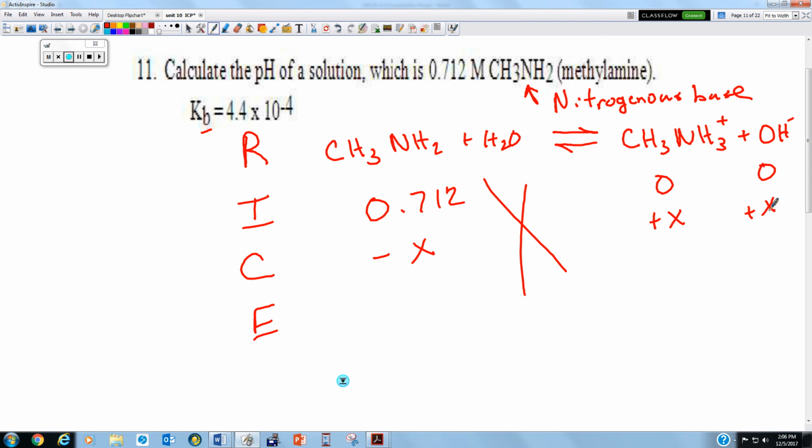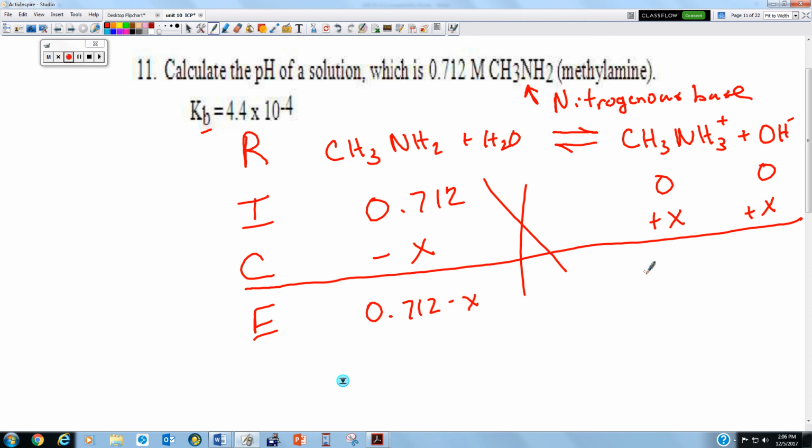And this is going to go up. All right, so we have 0.712 minus X, X and X.